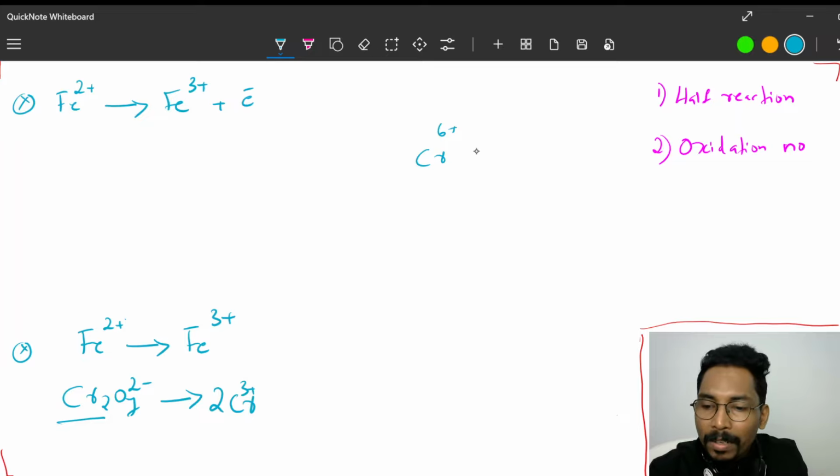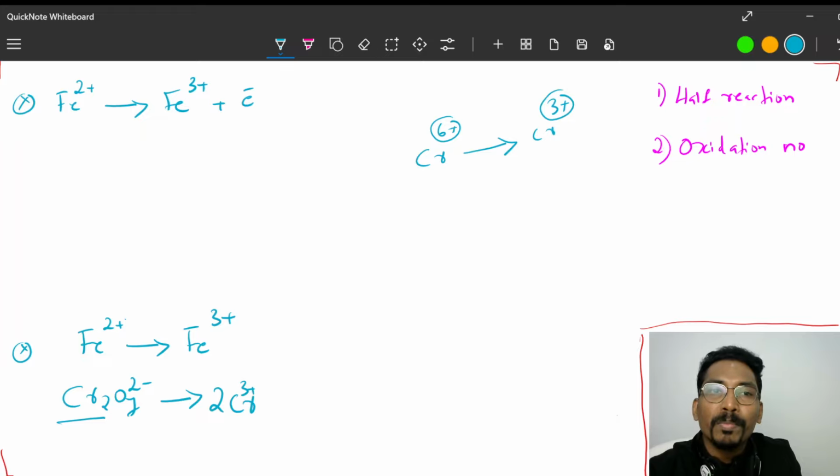That chromium in +6 oxidation state is changing to Cr3+. So what is the change in oxidation number? Chromium is changing from +6 to +3, so how many electrons? 3 electrons. But there is a very important thing you have to note here.